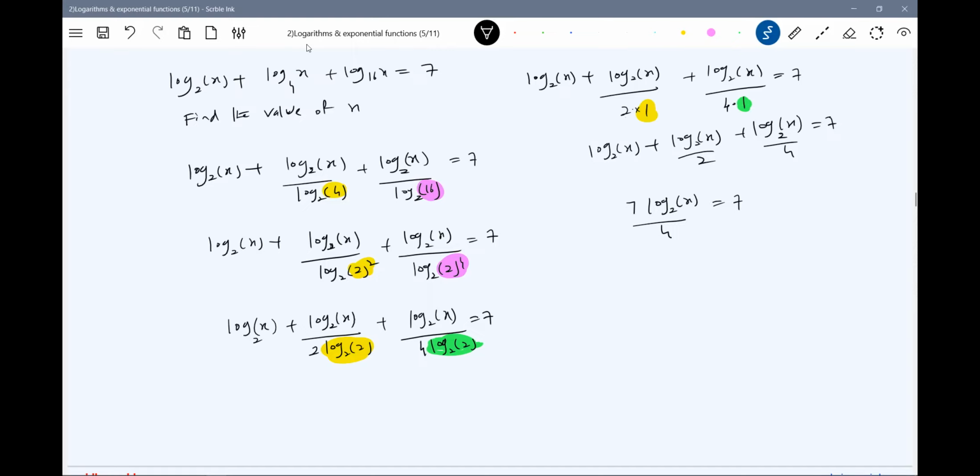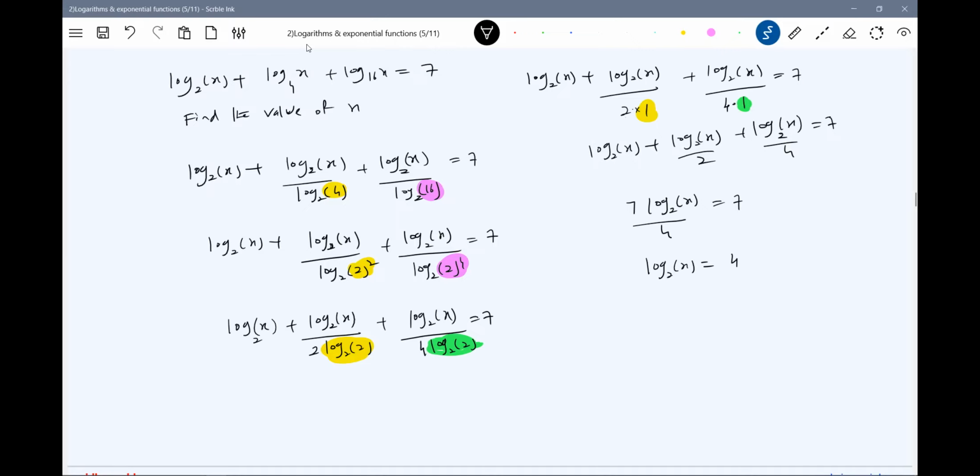We have to calculate the value of x. What has to be done further? Log 2 to the base x will become 4. Can I simplify it? Yes. So here 7 gets cancelled, so log x to the base 2 equal to 4. So this can be further written as: what is the value of x so that it will become equal to 4?